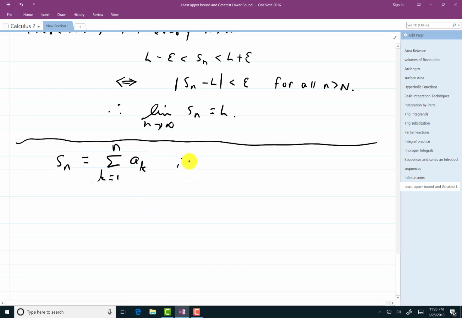So if a sub k is always positive, then S sub n is an increasing sequence.